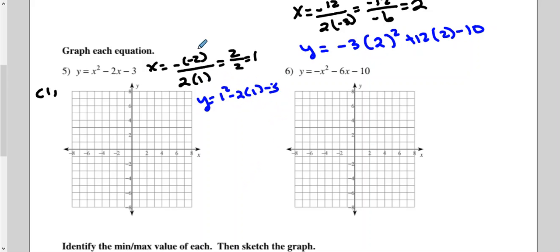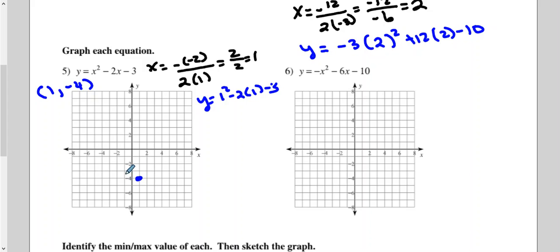Negative 1 minus 3 is negative 4. Yeah, negative 4. So the vertex is 1, negative 4.